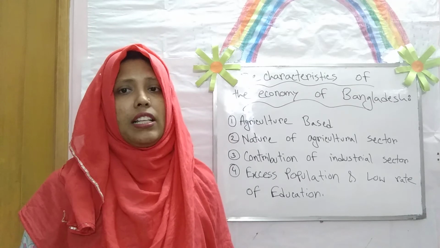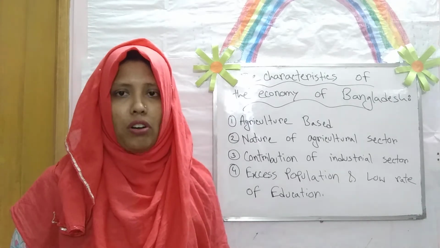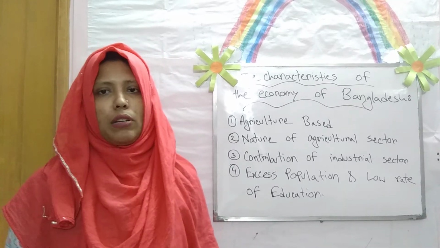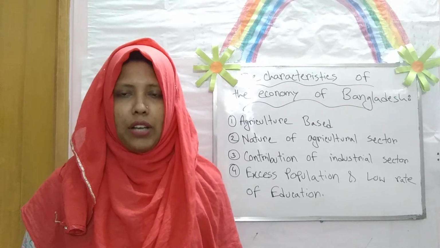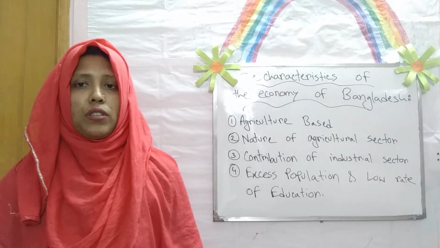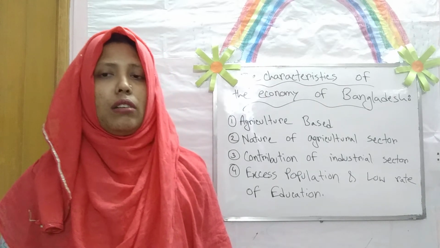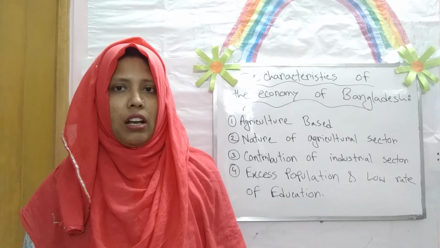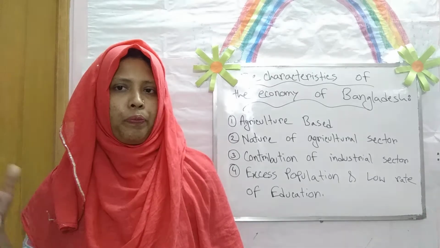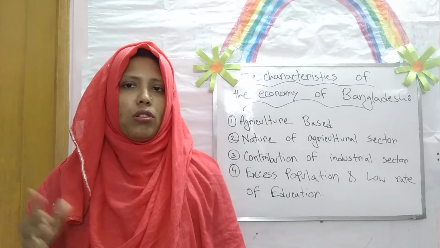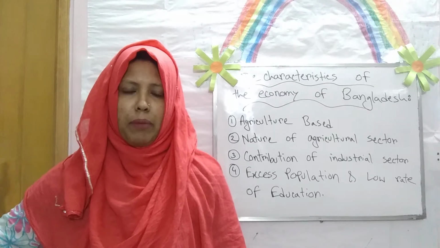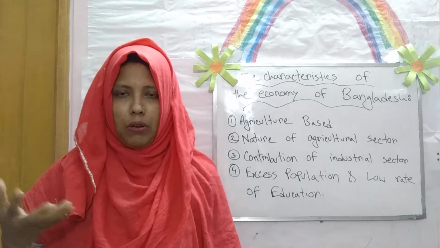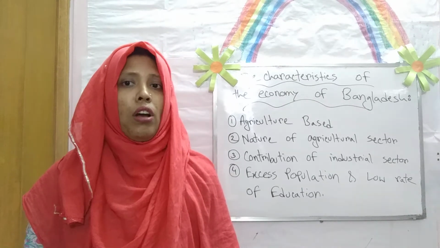Our instruments are not very modern like those of developed countries, and our storing system is not of high quality. That's why many of our agricultural products are destroyed for lack of proper storing, and our cultivation system is also not as modern as in developed countries. That's why our production is not so high.